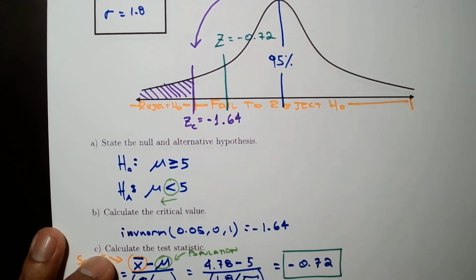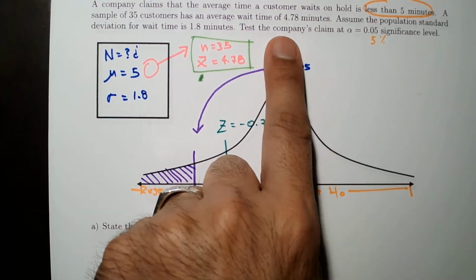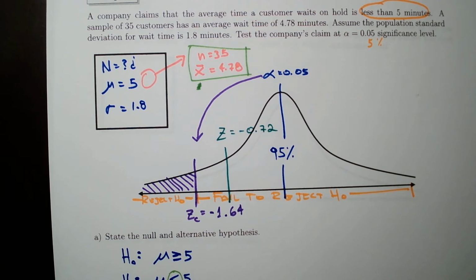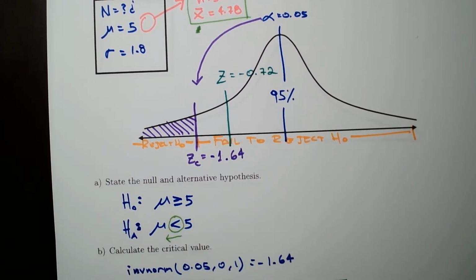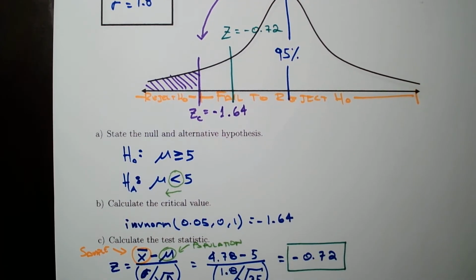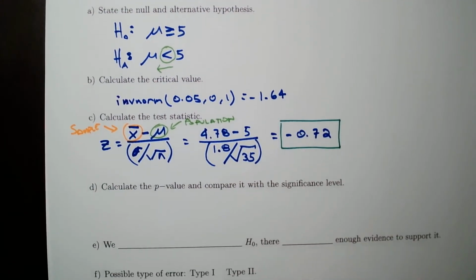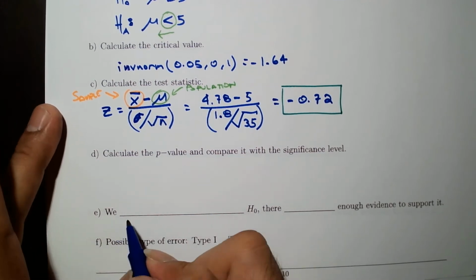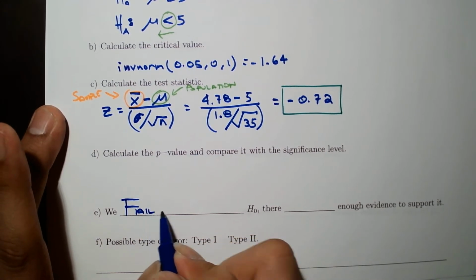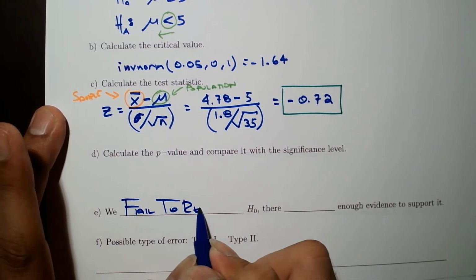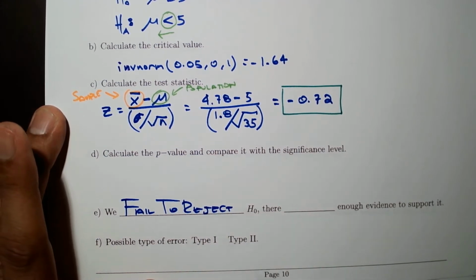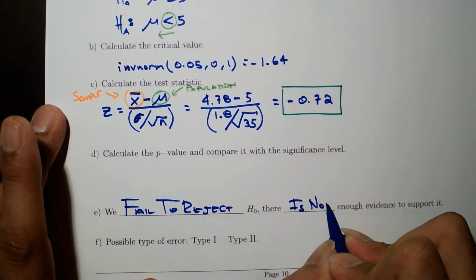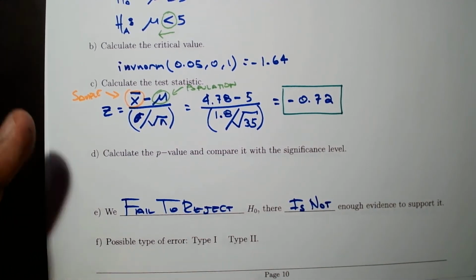So unfortunately, even if this number is lower than 5 minutes, statistically, we don't have evidence to support this claim. So we fail to reject the null hypothesis. There is not enough evidence to support it.